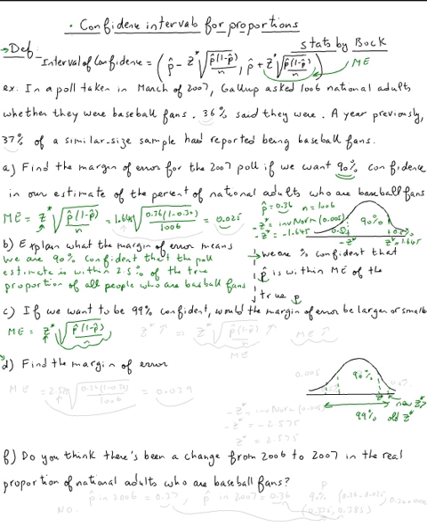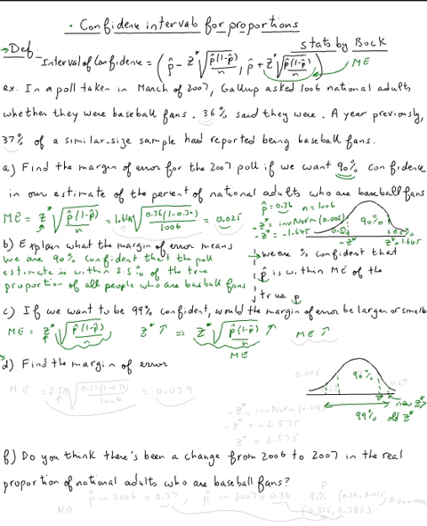So if this z star gets bigger and you multiply it by the same thing, z star times square root of p hat (1 minus p hat) over n, of course it's going to increase. This whole thing is the margin of error. So the margin of error will increase.